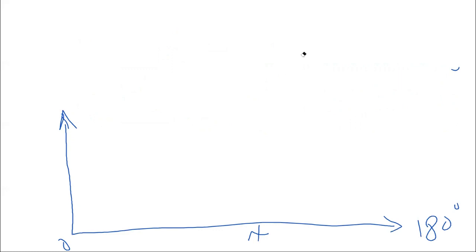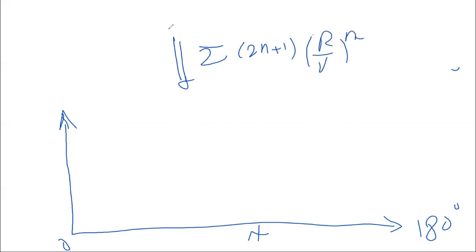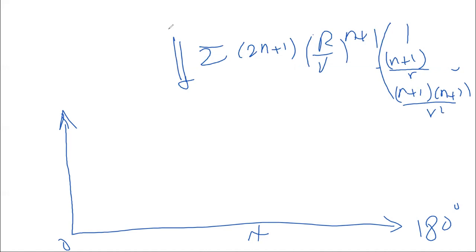I will write this integral, and I have a kernel, and all of them have 2n+1 here, and R over r to the power n+1 here. And for the potential, I have 1 here. For the second order derivative, I have (n+1) over r here as well, minus. And I have (n+1)(n+2) over r squared. And at the end, I have Pn in front of all of them.